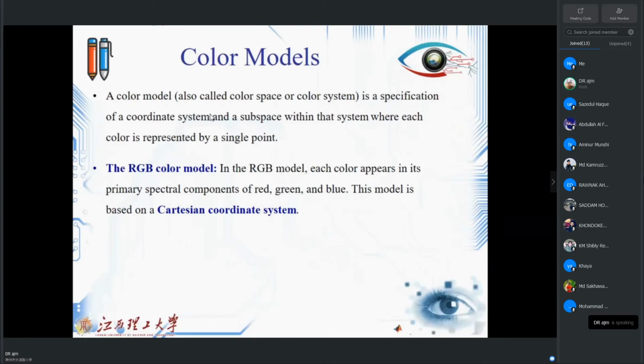In the RGB color model, each color appears in its primary spectral components of red, green, and blue. And this model is based on the Cartesian coordinate system. What is this coordinate system? It's something like this.